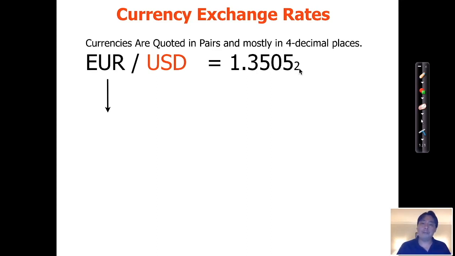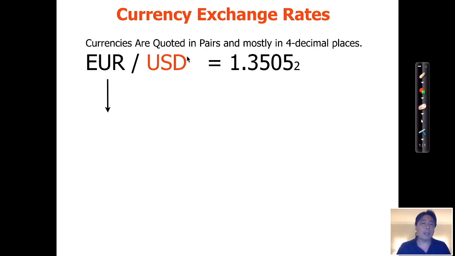The 5th decimal place is known as a fractional pip, and we do not care about that. It's too small to worry about. We're looking at the 4 decimal places. So the last decimal place represents a pip, and I'll talk about that in a short while.